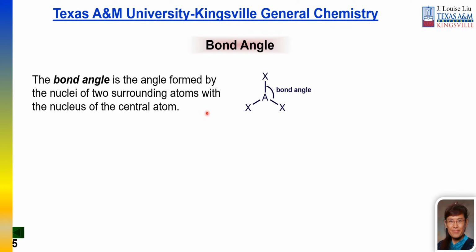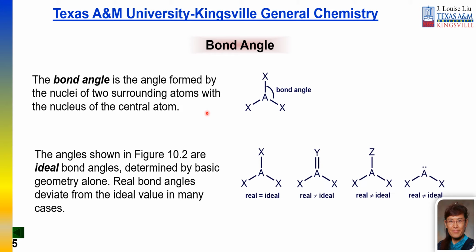We also need to know the bond angle. The bond angle is the angle formed by the nuclei of 2 surrounding atoms with the nucleus of the central atom. Let's see, your A is your central atom, with the central atom's nucleus and the 2 surrounding atoms, X1 and X2.